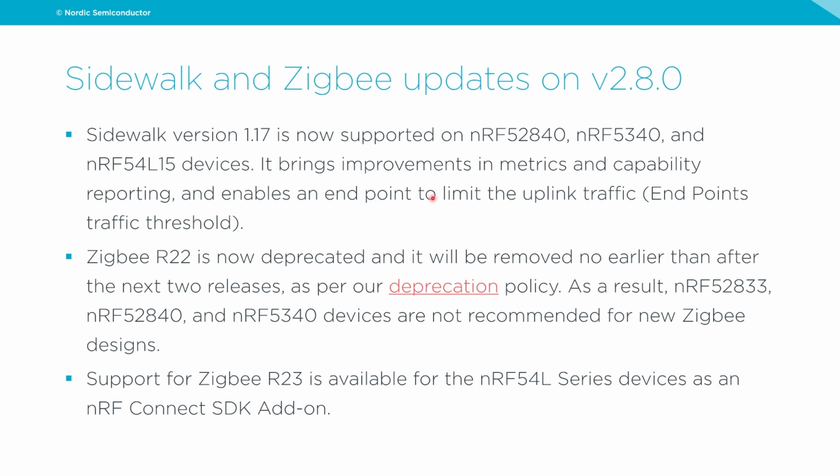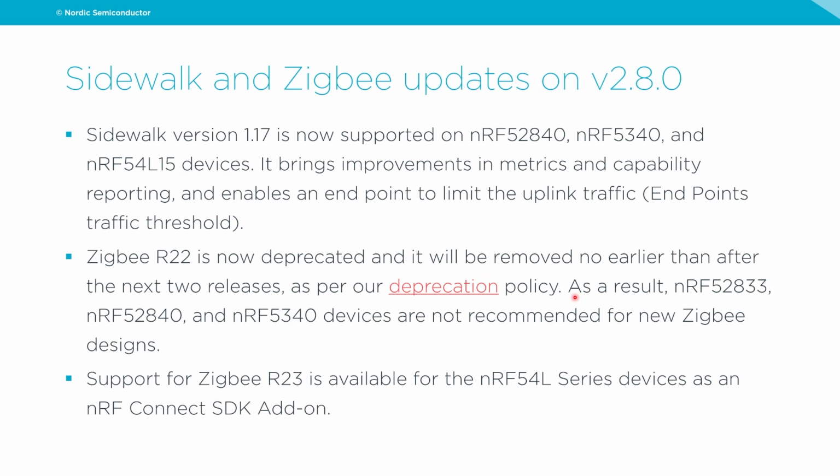Another thing worth highlighting is that Zigbee release 22 is now deprecated in the SDK. This will be removed no earlier than after the next 2 releases. Actually, this was in 2.8, which means that it will be removed no earlier than the next release after 2.9. And this is following our deprecation policy.